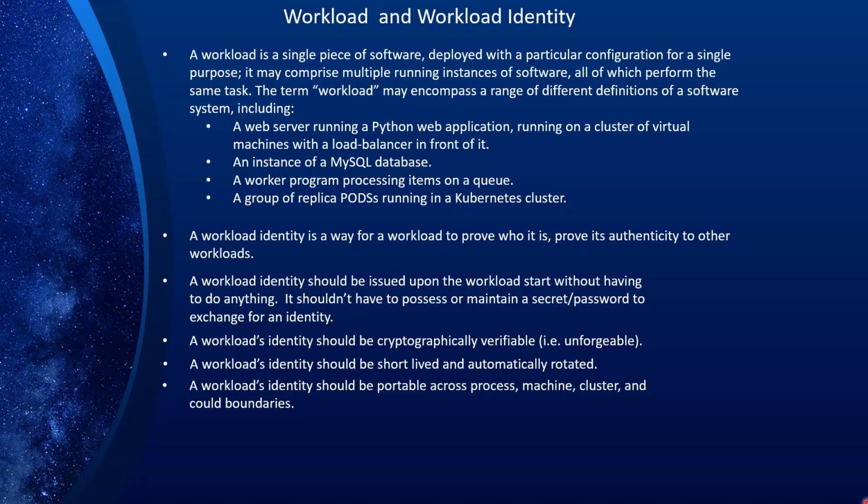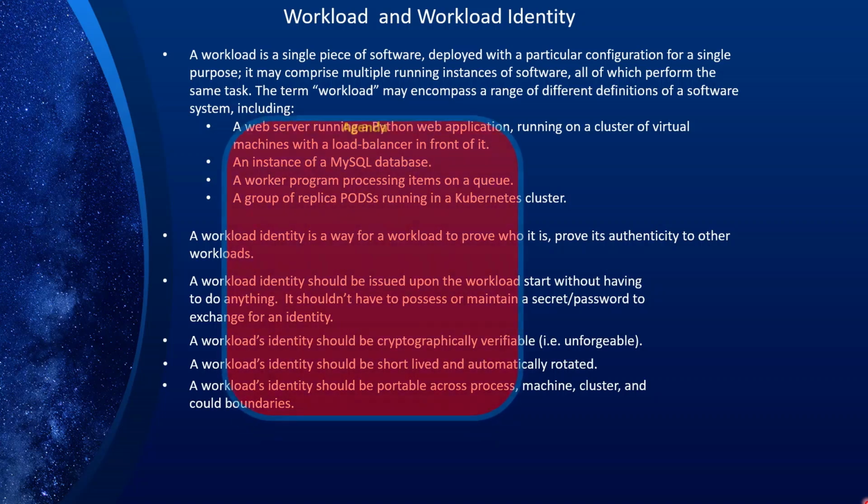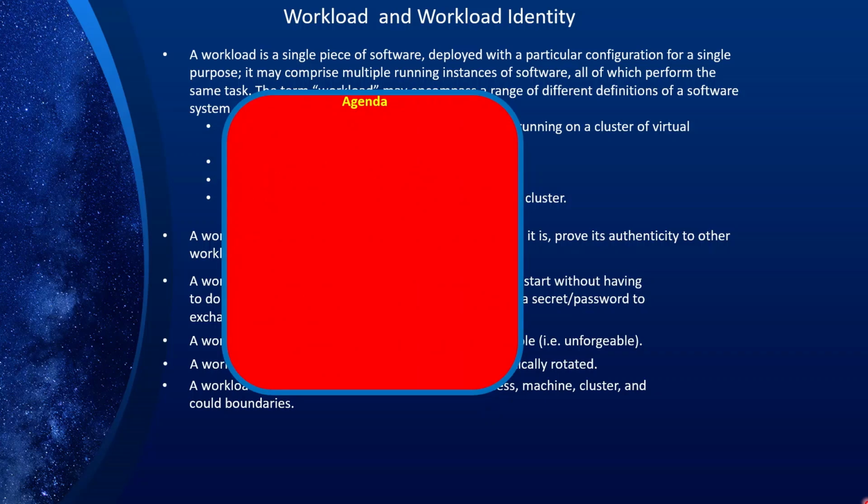So how do we achieve these really lofty goals for workload identities? That is the topic of today's agenda. We'll introduce you to a specification called Secure Production Identity Framework for Everyone, or SPIFFE. SPIFFE tries to standardize workload identity and how they are created and managed.